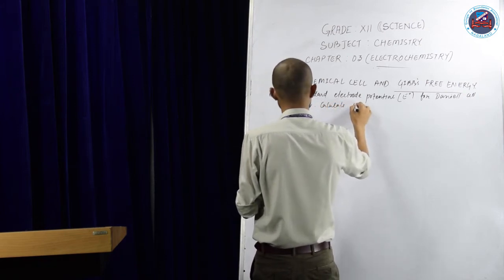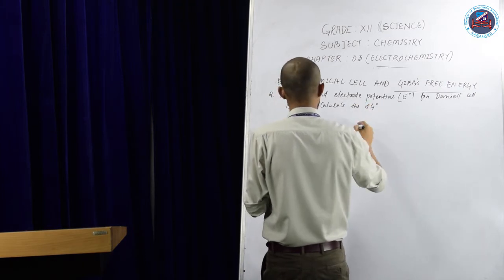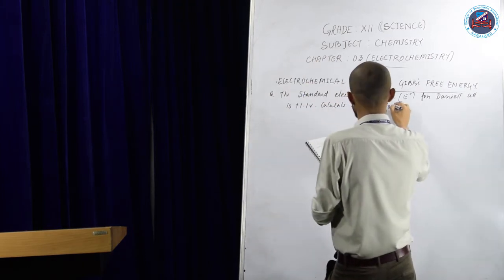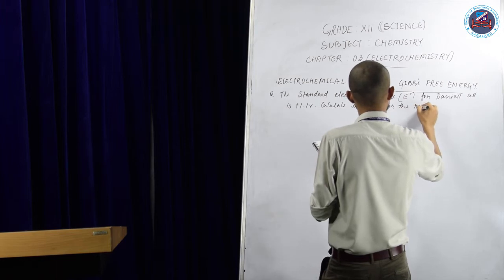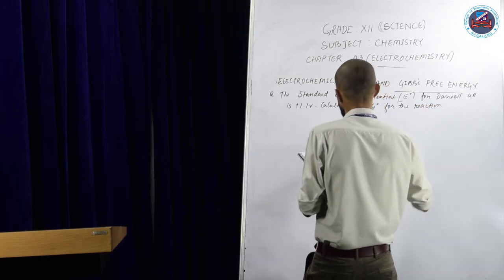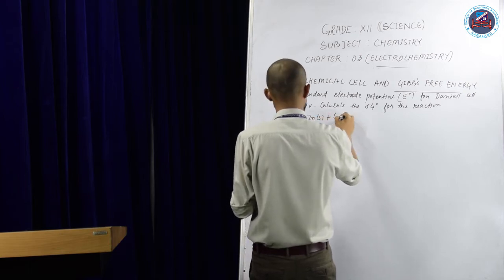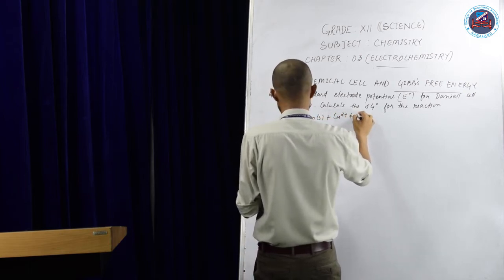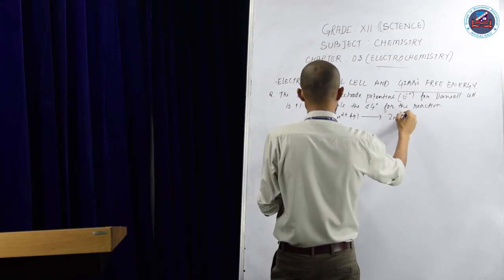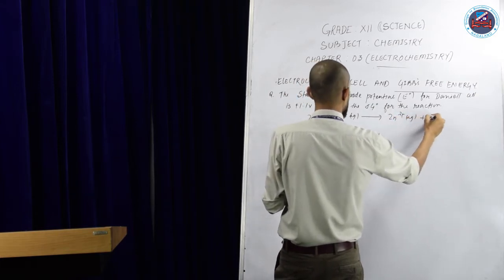Calculate the delta G naught for the reaction. So the reaction given to us is Zn(s) plus Cu2+(aq) gives Zn2+(aq) plus Cu(s).